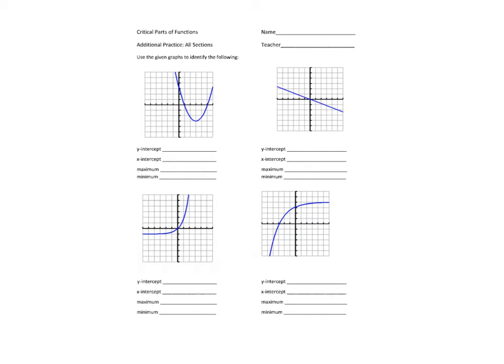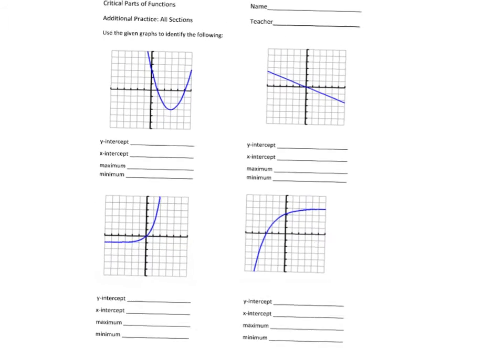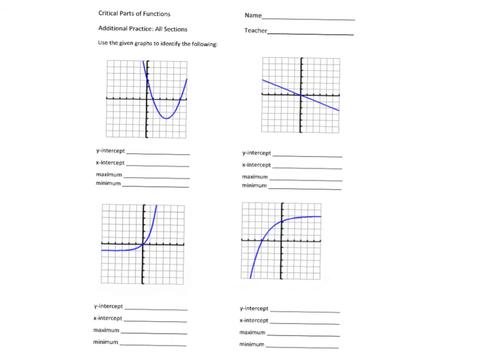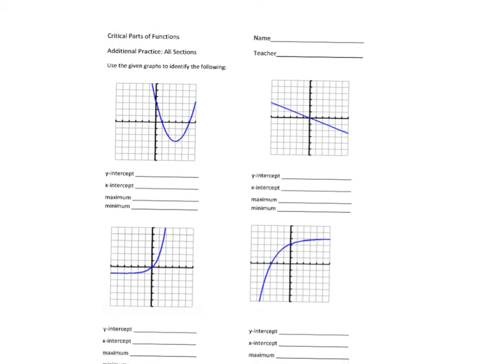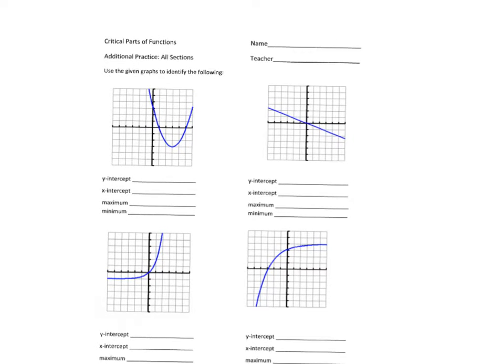All right, so looking at the graph, we know that this is a quadratic, this is a linear, this is an exponential, and this is an exponential, right? All right, for maximum and minimum, we know that on a linear, there's none.